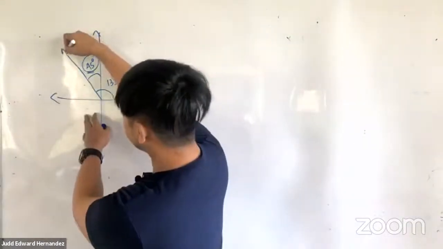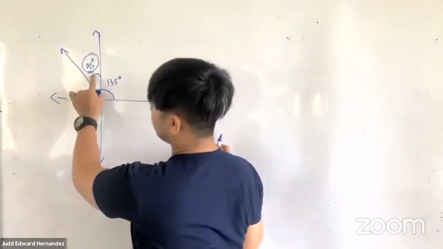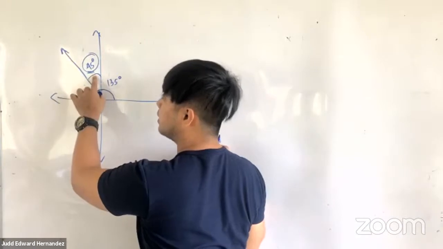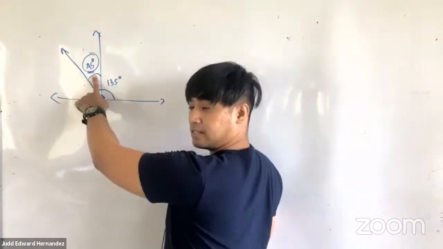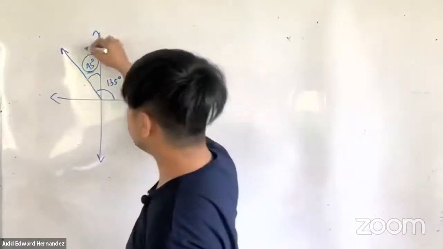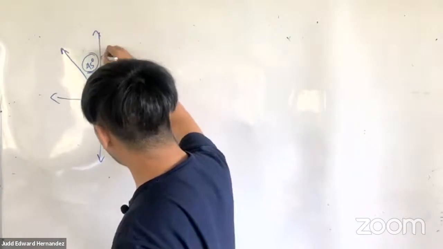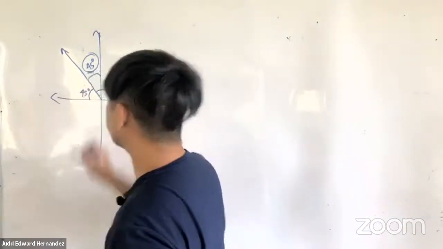This is the terminal side of 135 degrees. But is the 45 degree angle here between the terminal side and the x-axis? Yes or no? No po. No, because this is between the terminal side and the y-axis. Therefore, we will be choosing this one, and this is also 45 degrees.